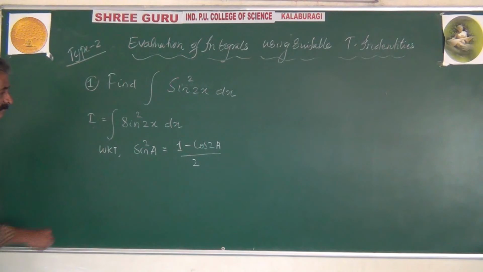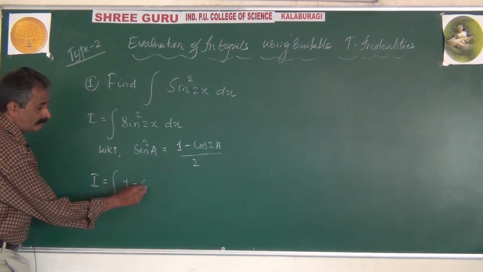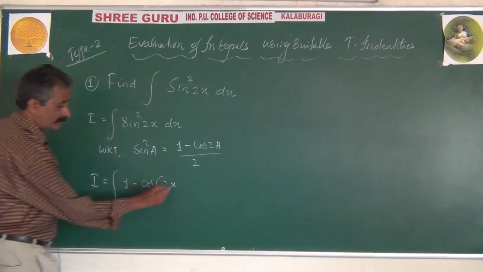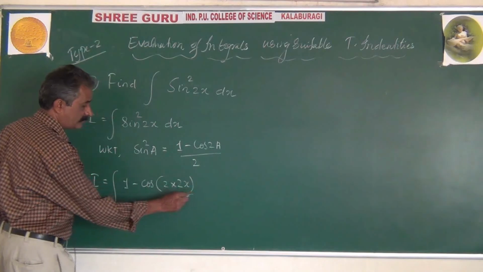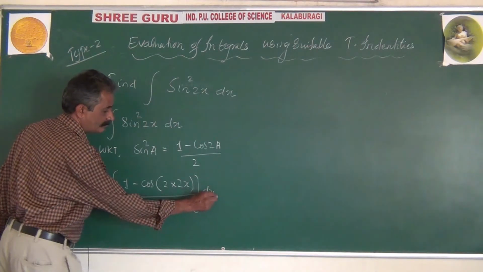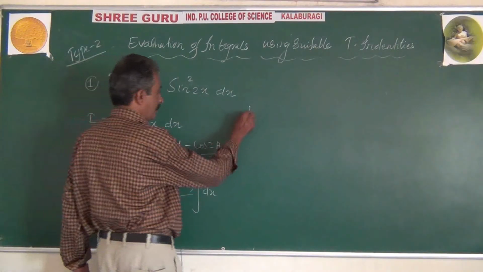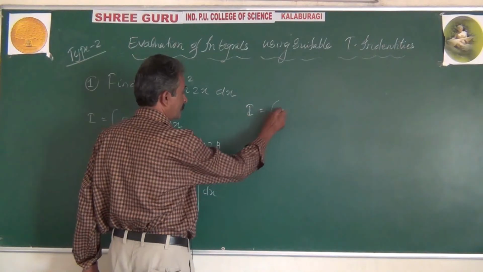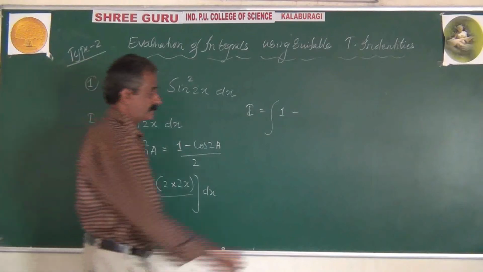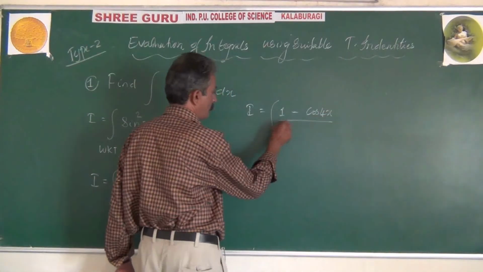I equals the integration of (1 minus cos 2A) divided by 2. What is A? Here A is 2x. Further, I equals the integration of (1 minus cos of 2 into 2, which becomes 4x) divided by 2.